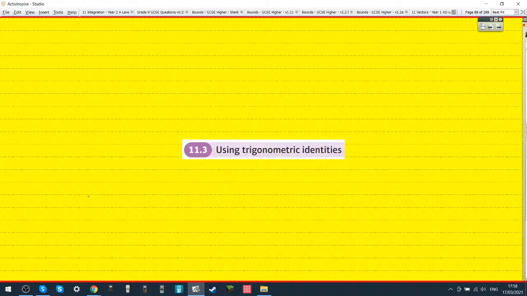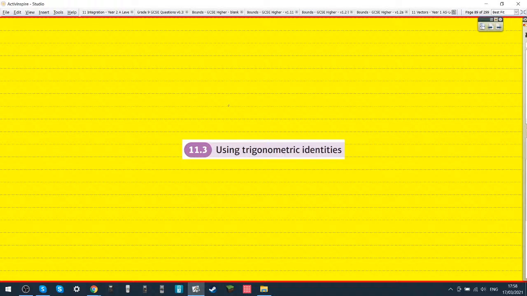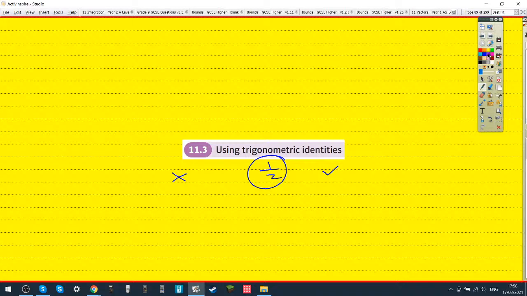Go from there. And if you don't know how to do part A, you would just use it to do part B. So the integral of cos to the 4x, you would just integrate this bit on the right and do it that way. It's tricky stuff. It's a mixture of integration and trig identities.